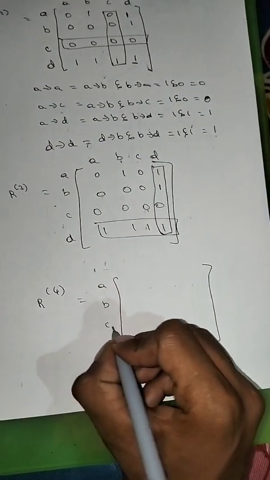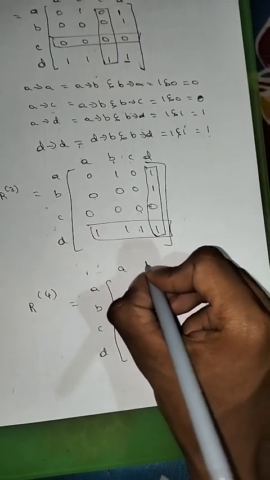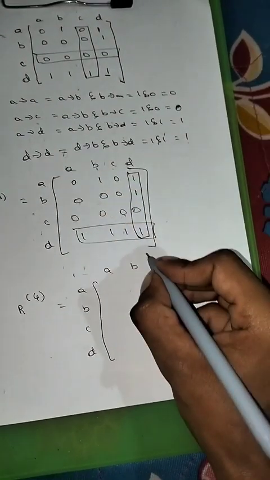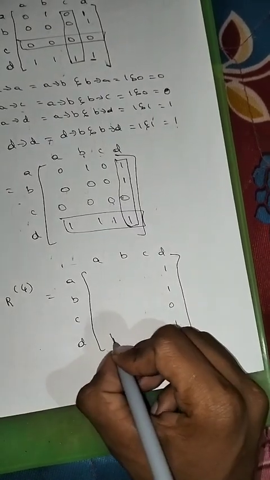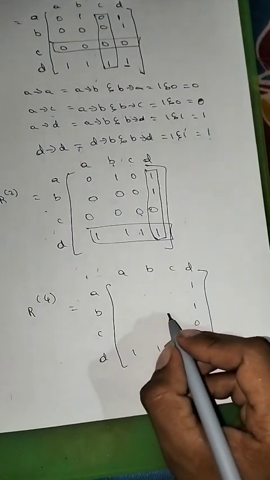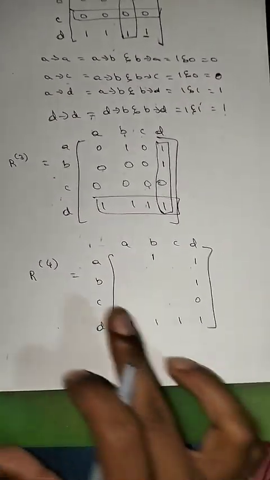A, B, C, D, A, B, C, D. We write the last row and last column the same, and where there is 1 we write the same, and we have to find the remaining values.